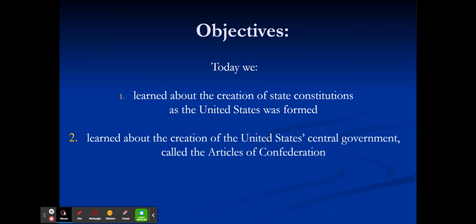And we learned about the creation of the United States' central government, the government to run the whole country, called the Articles of Confederation. And we found out after 6 years of the government being run under the Articles of Confederation that it was not working. It did not create a strong enough central government, and it would have to be scrapped.